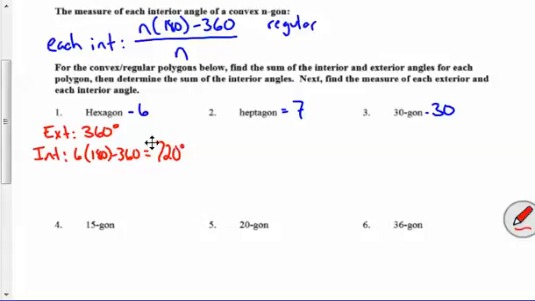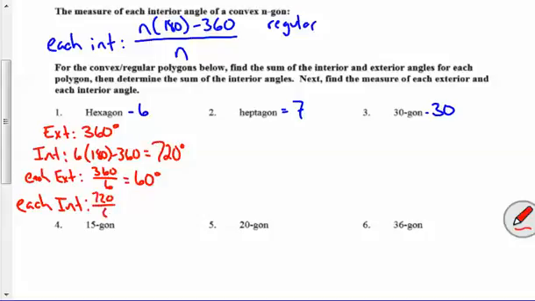If I wanted to know what each exterior angle was, it would be 360 divided by 6, which gives me 60 degrees for each exterior. For each interior, I would take the 720 and divide it by 6 to get 120.